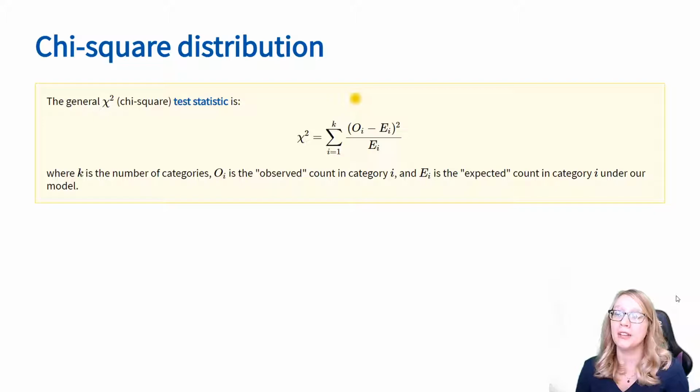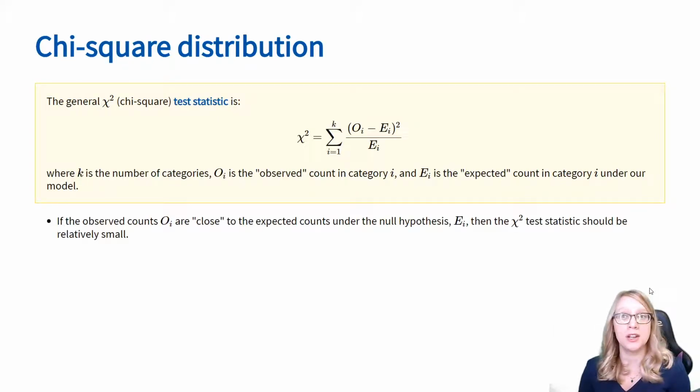We will calculate the difference between the observed and expected counts, square it, divide by the expected counts, and then add those all up. If there's not much difference between what we observe in our data, those O's, and what we would expect if the null hypothesis were true, those are the E's, then we should get a relatively small chi-square test statistic.